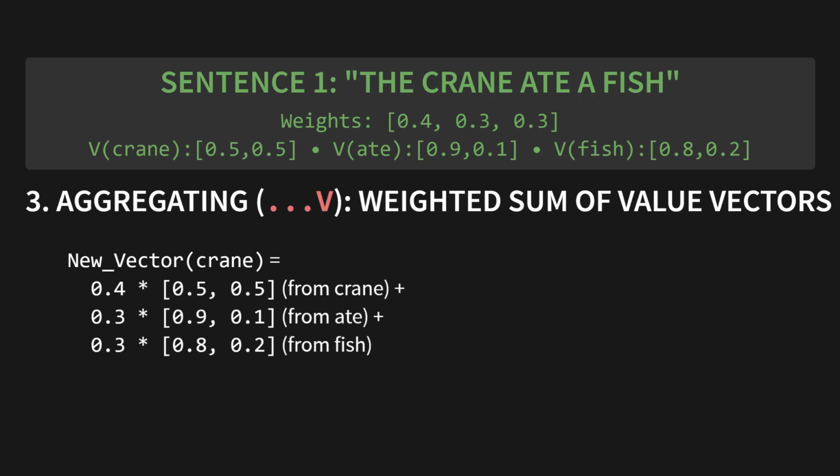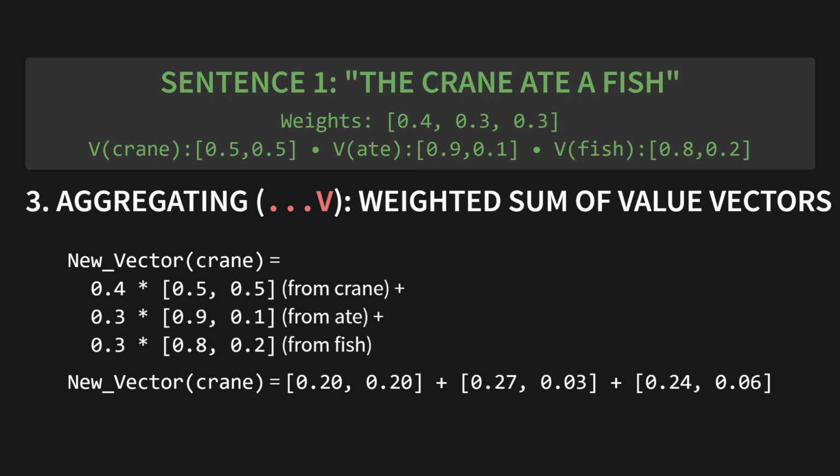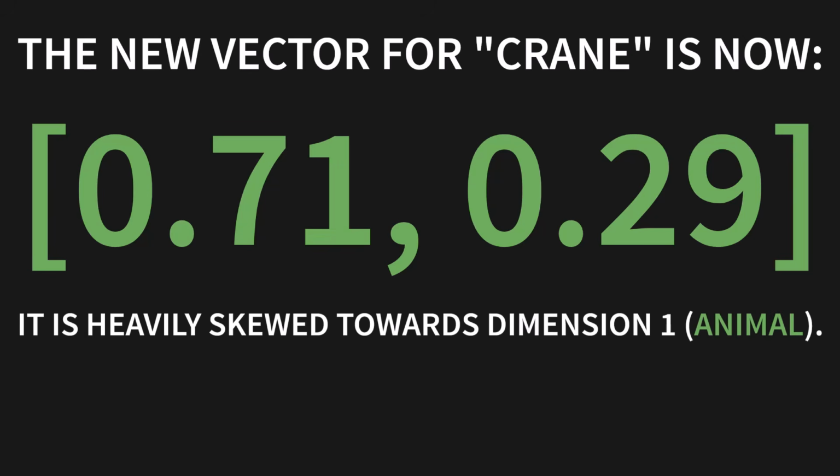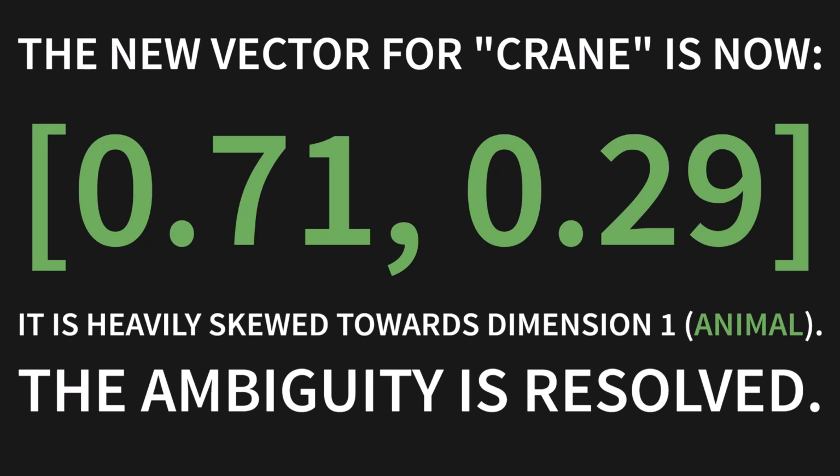That gives us 0.2, 0.2, plus 0.27, 0.03, plus 0.24, 0.06. The new vector for crane is now 0.71, 0.29. It is heavily skewed towards dimension 1, animal. The ambiguity is resolved. Now let's do sentence 2.